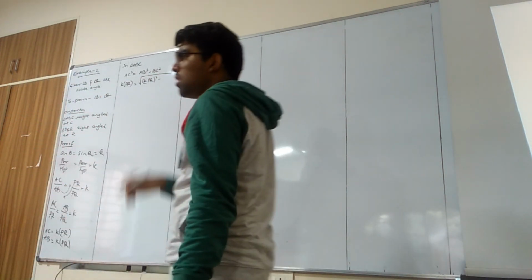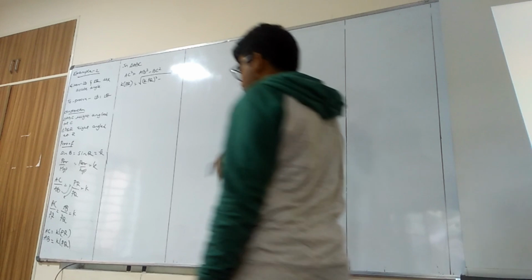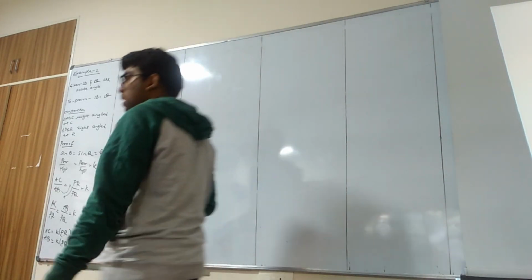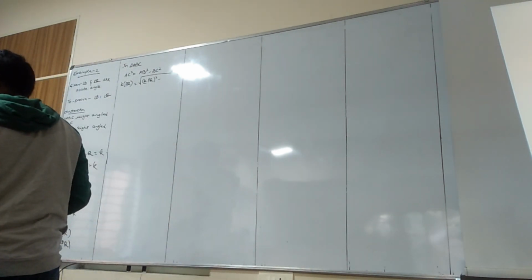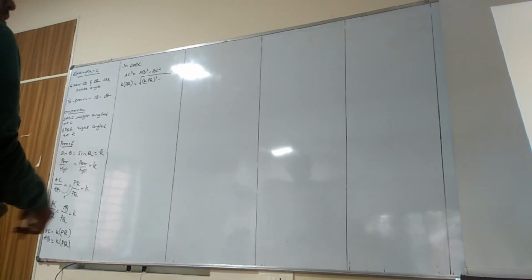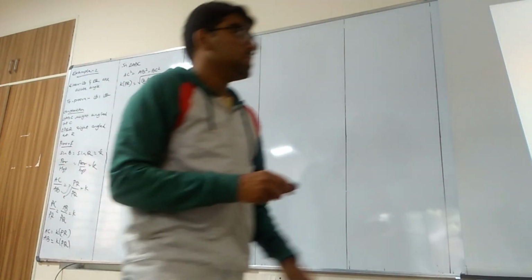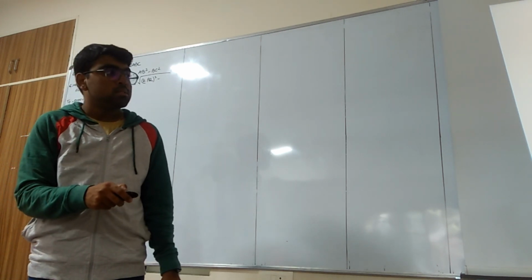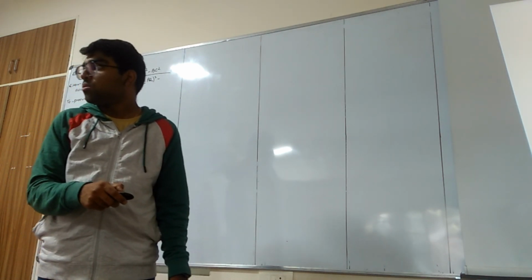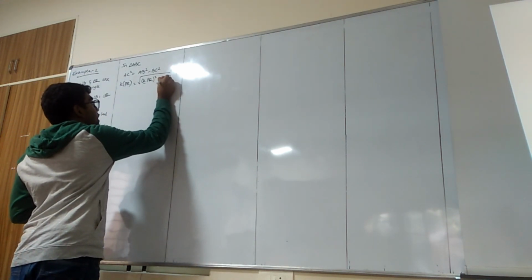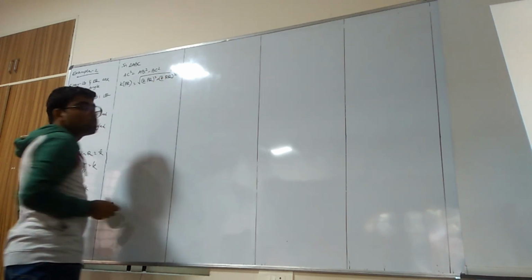Similarly, how can I write BC? BC is this part, that is nothing but RQ or QR. Similar side is RQ. So I can write it as K times RQ the whole square.